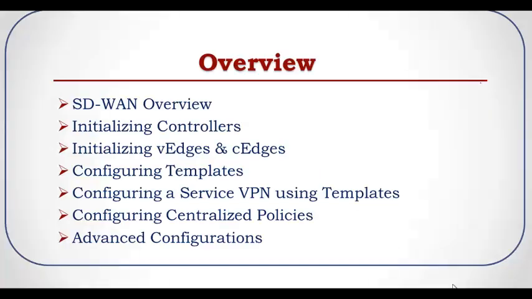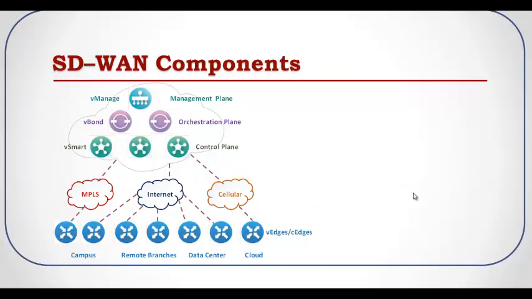And when we speak about controllers, there are three different types of controllers. One is the vManage, the other one is the vBond, the other one is the vSmart. vManage provides you the GUI, using which we configure the policies for our edge in various parts of the world, various sites.